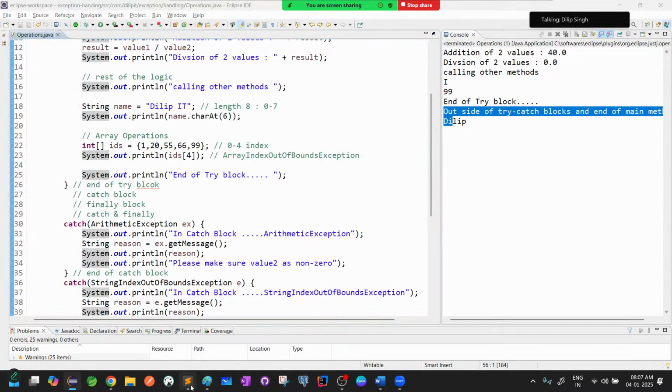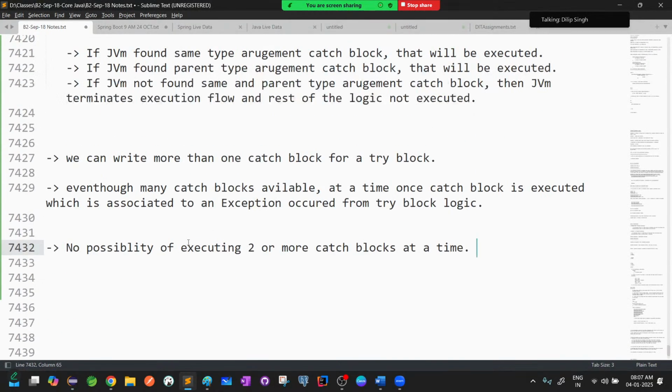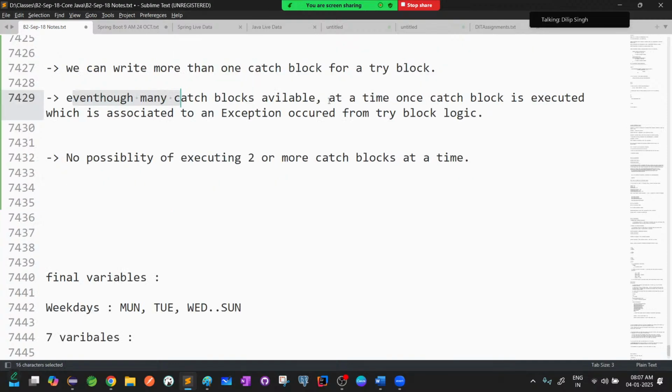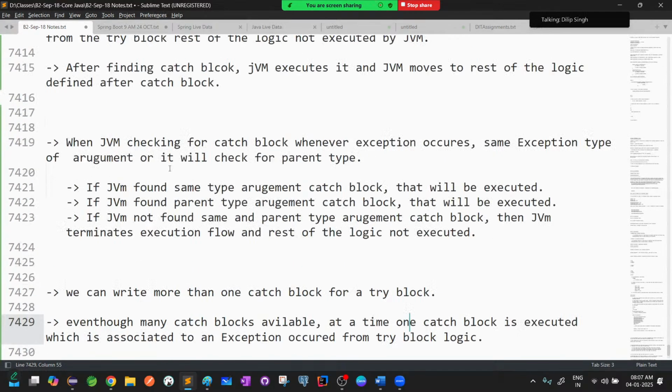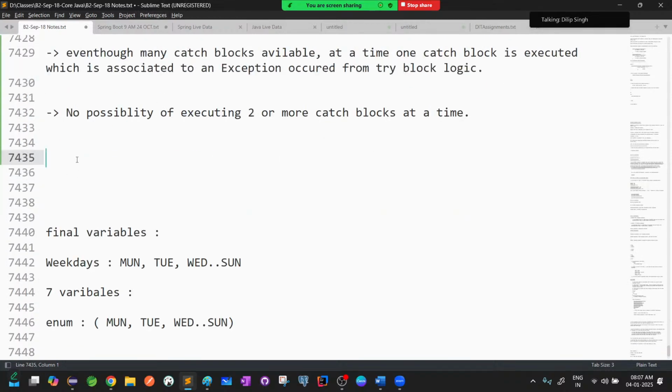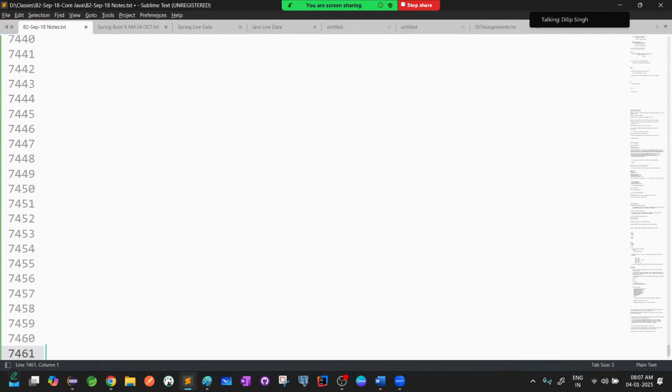My next point is, let's make a summary here. There is no possibility of executing two catch blocks, even though many catch blocks are available at a time. Once one catch block is executed, which is associated to the exception that occurred from the try block, that's it. Please make sure all the summary points are practiced and remembered also.